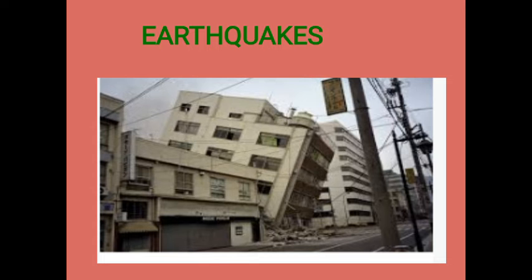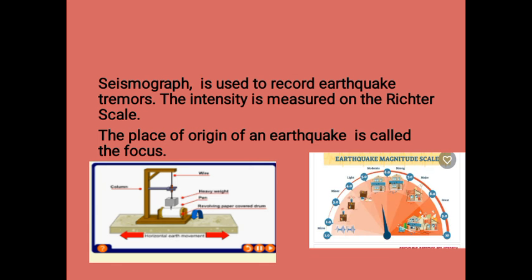It is difficult to predict an earthquake as it occurs without any warning. It is not easy to say about an earthquake in the future because it comes without any warning. An instrument called a seismograph is used to record the earthquake tremors.